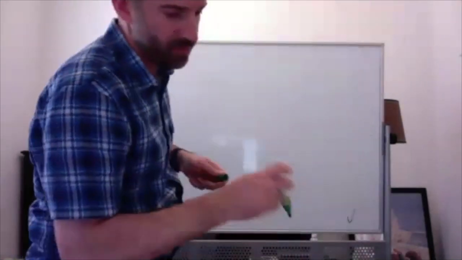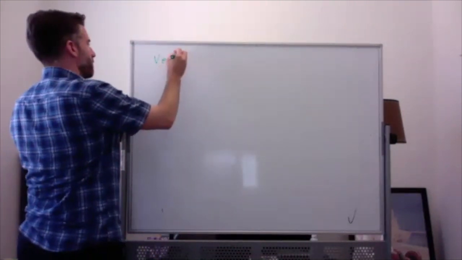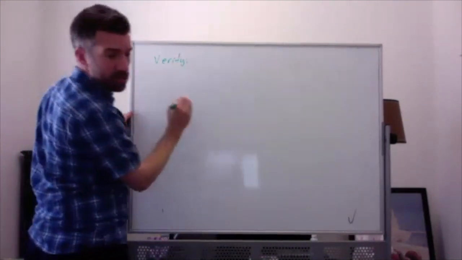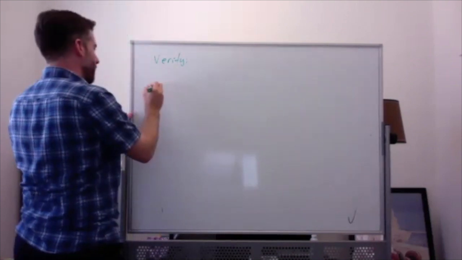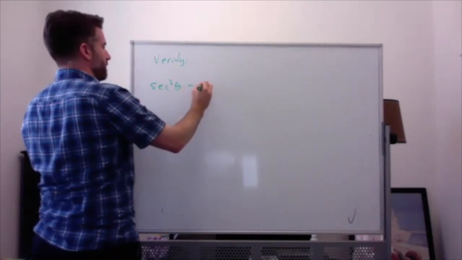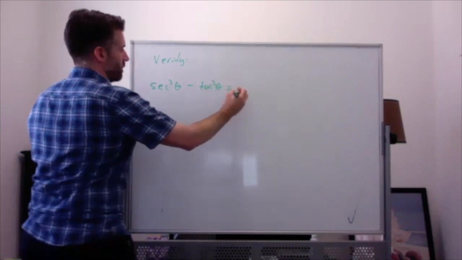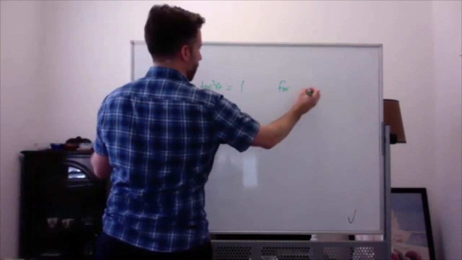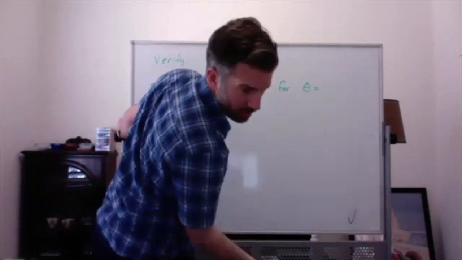There's one more I want to mention just because it's slightly different. So we want to verify that secant squared theta minus tangent squared theta is equal to 1 for theta equal to, what did I pick?